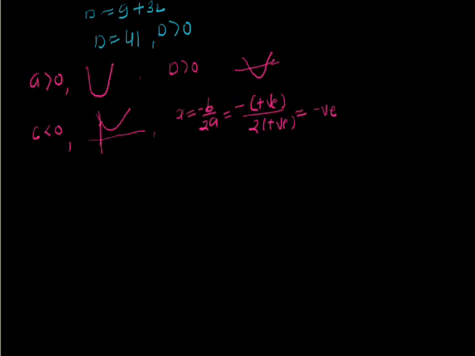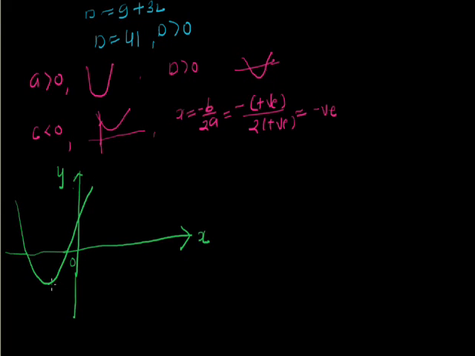The graph of this polynomial will look like this. This is the origin, and the graph will be like this. Here is the vertex, and it cuts the y-axis on the negative side. So this is the final graph of the quadratic polynomial which was given in the question.